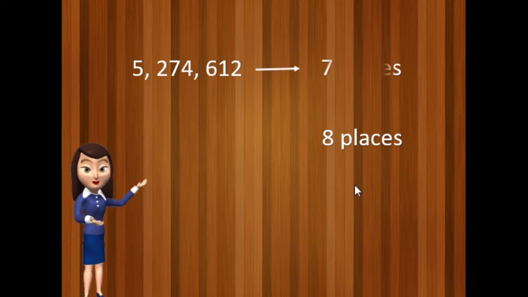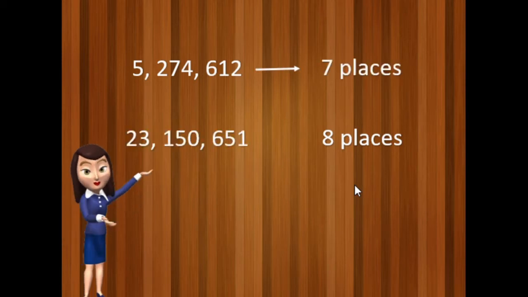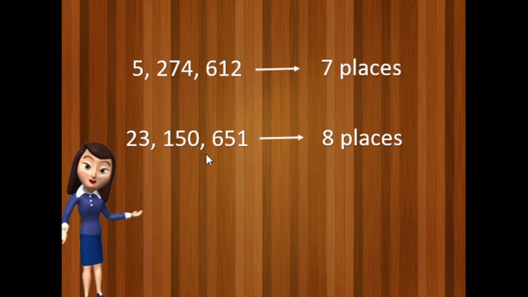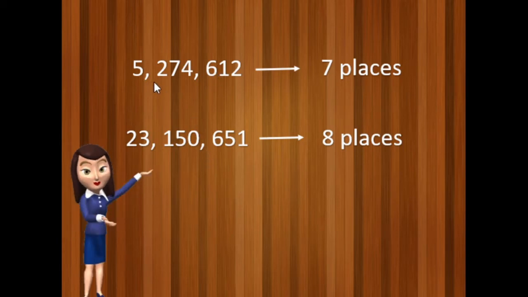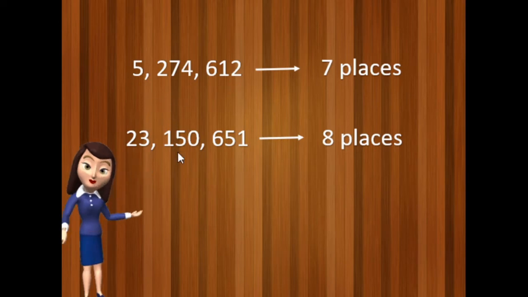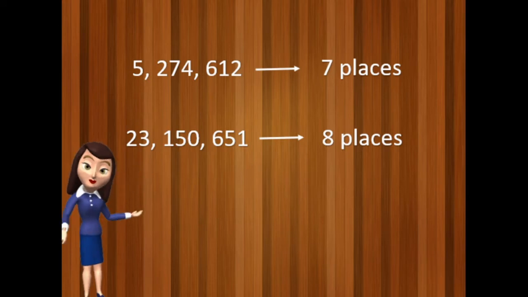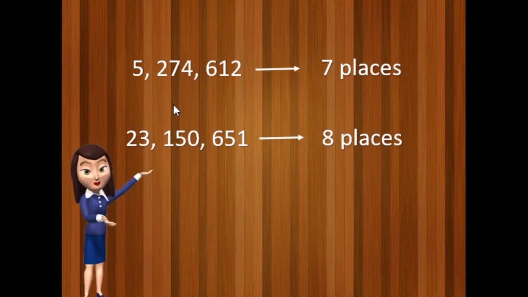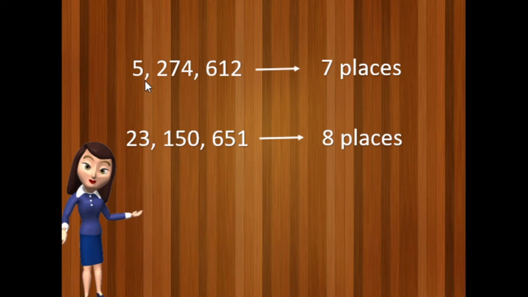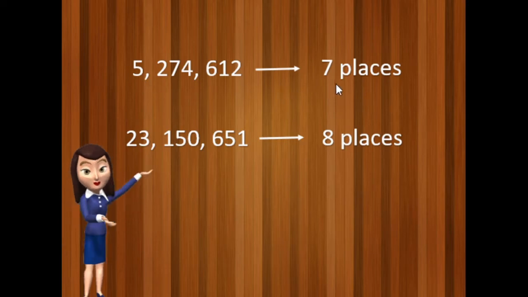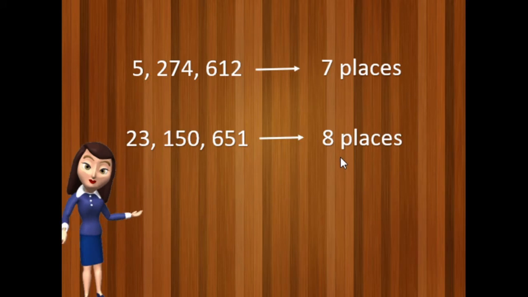For instance, we are going to compare these two numbers: 5,274,612 and 23,150,651. The easiest way to compare the two numbers is to look at the number of their digits. For number 1, there are 7 places, while for number 2, there are 8 places.